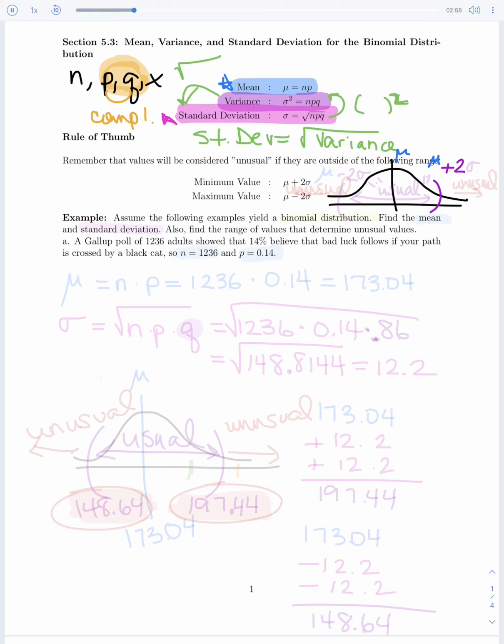Notice we're using sigma. And on the lower end, to find the minimum usual value, we took the mean and subtracted 2 standard deviations. So minus 2 of the sigmas. Anything in the middle was considered usual, and anything on the outside, on the ends, was considered unusual.